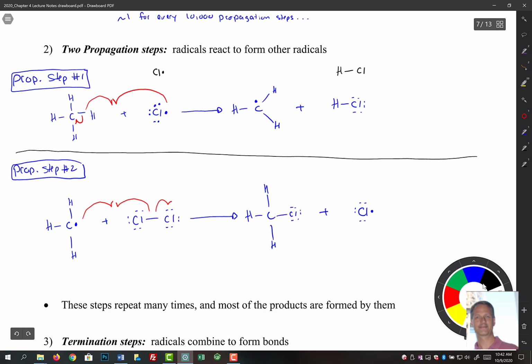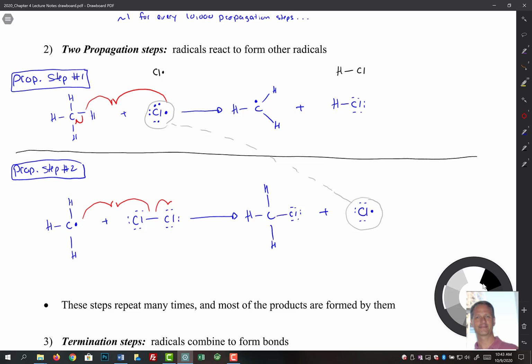All right, that's important. So these 2 steps repeat many, many, many times, and the majority of the product is formed by just these 2 steps. The vast majority. Now the other thing I wanted to point out is that we've made this radical, and that radical can feed back into propagation step number 1, right?